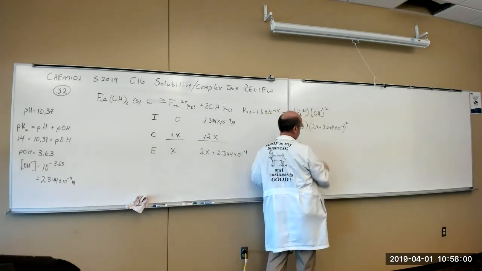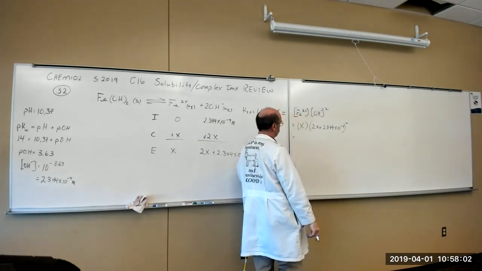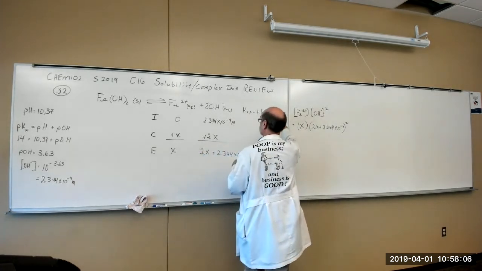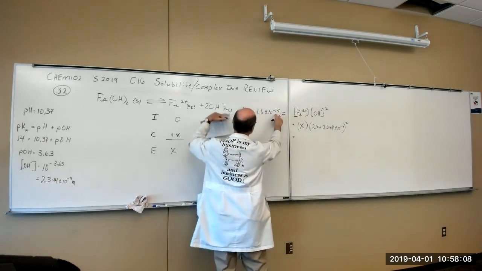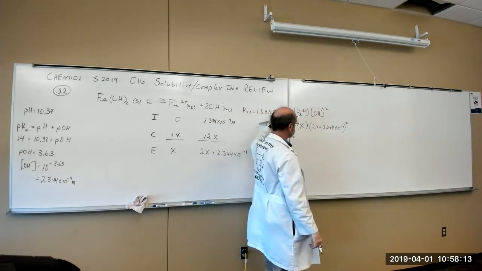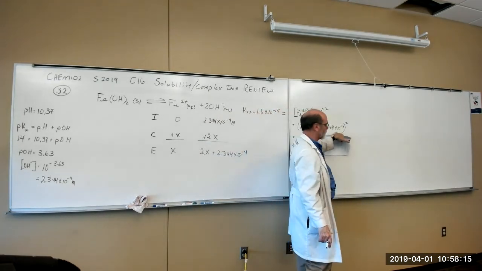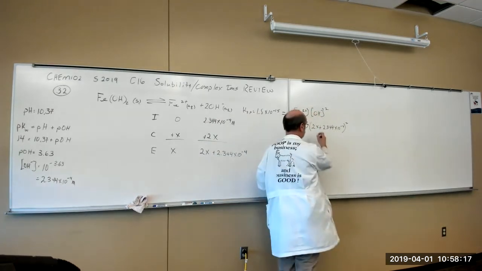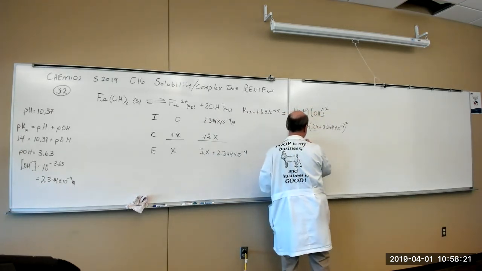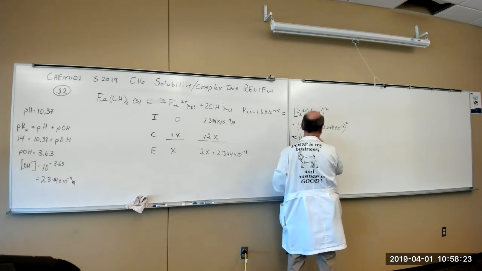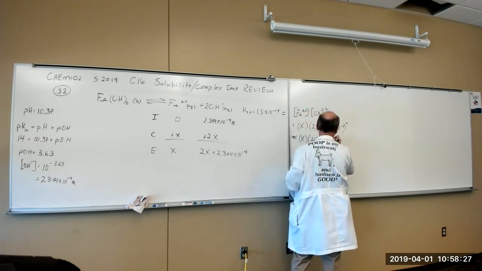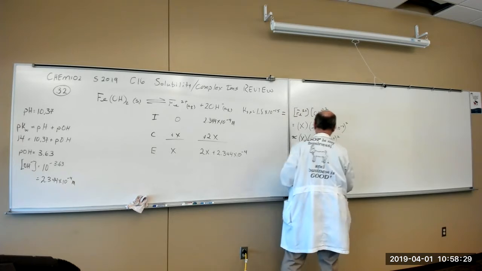Now the question is, can we ignore that X? Well, the solubility in water is this. If you already have some of this, solubility is going to be even less than that. 10 to the minus 15 is significantly smaller than 10 to the minus 4, so we can't ignore this one. So this is X, and this is 2.344 times 10 to the minus 4 squared.